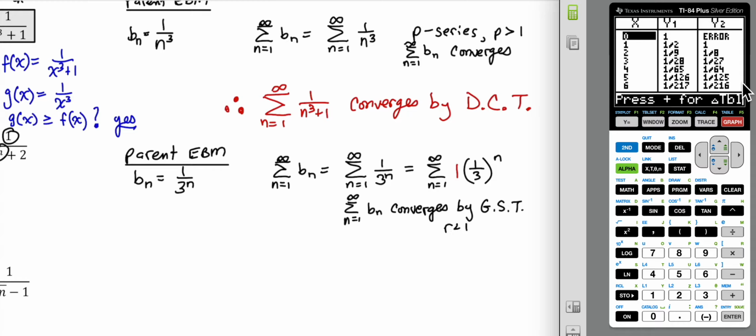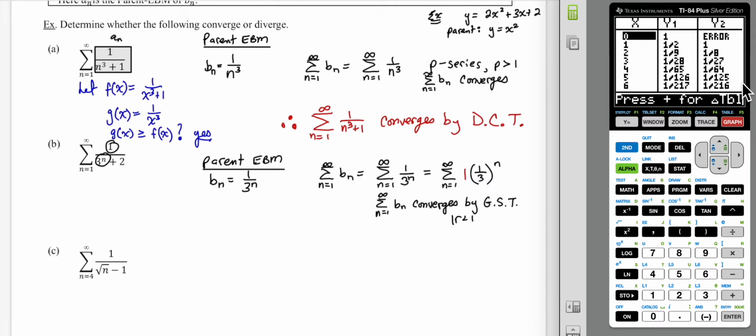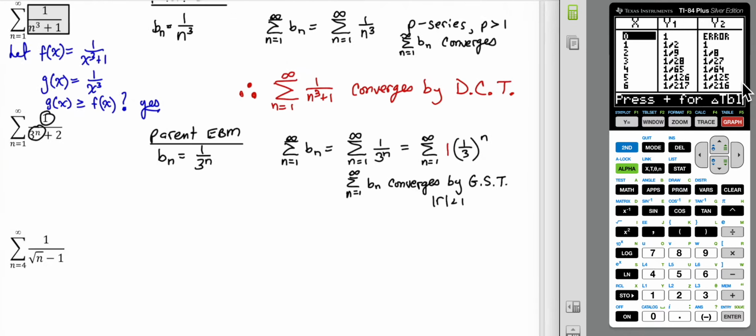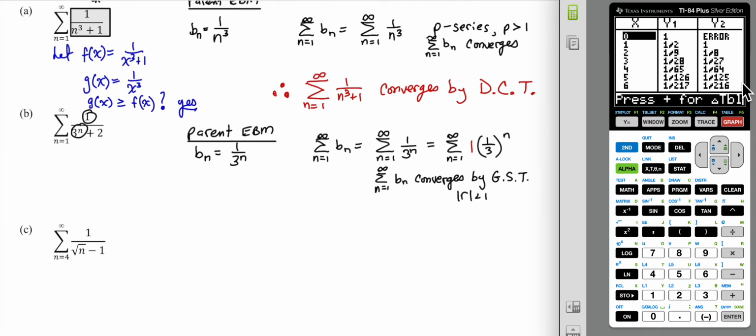Well, really between 0 and 1, but less than 1 is fine. You get the idea at that point. It's really the absolute value, but I don't think I'm lying when I say I've never taken off credit if somebody wrote r is less than 1, because I know what you're talking about. So there's that.